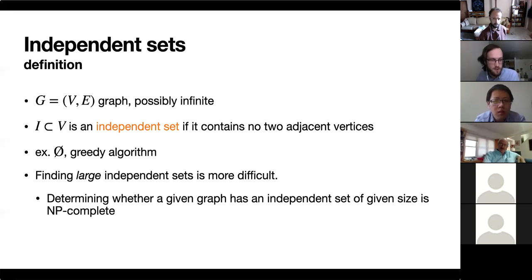So you can definitely find some independent sets. It's more difficult to find large independent sets. And just a fun fact, this problem is NP complete. And I think it's actually a typical example given when you're defining the class of NP complete problems.